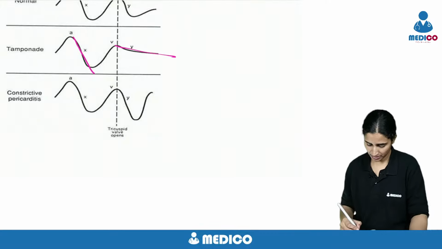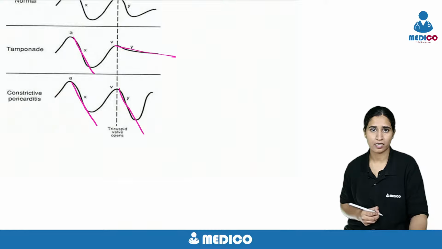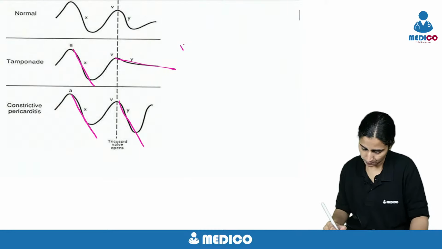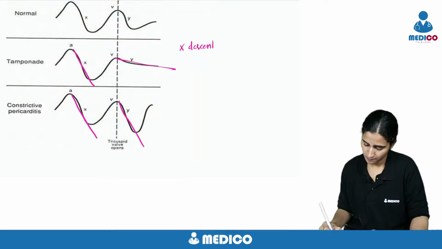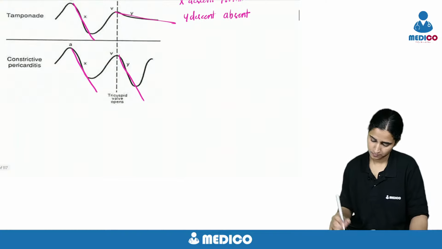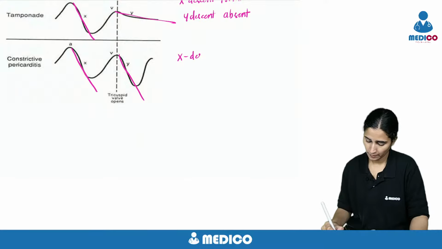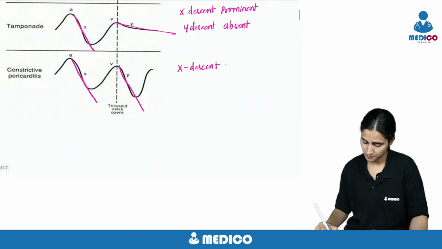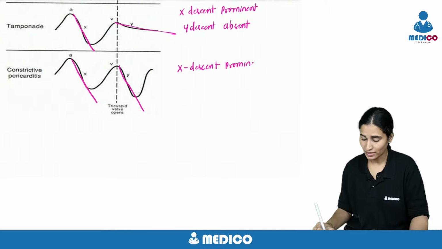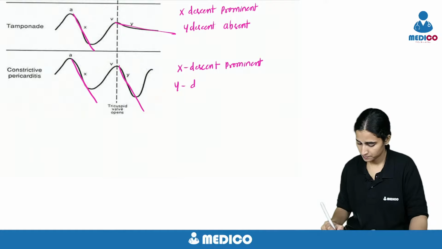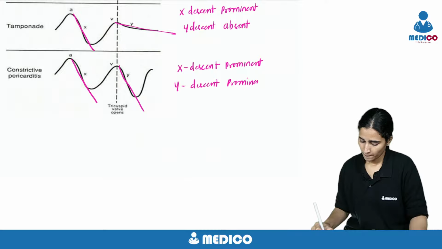And in constrictive pericarditis, the X and Y descents are both prominent.